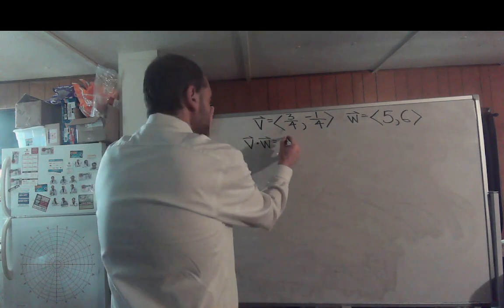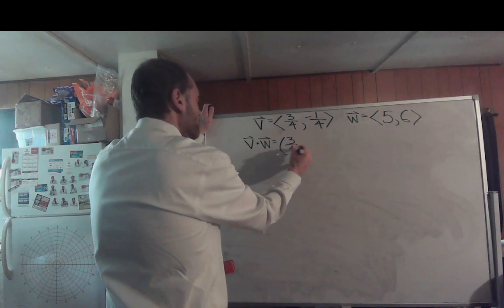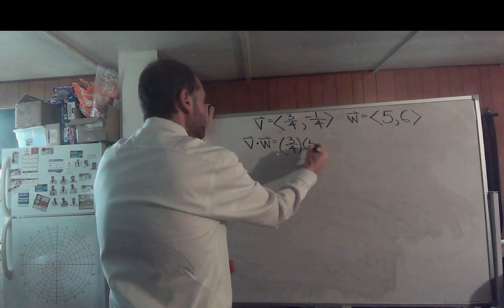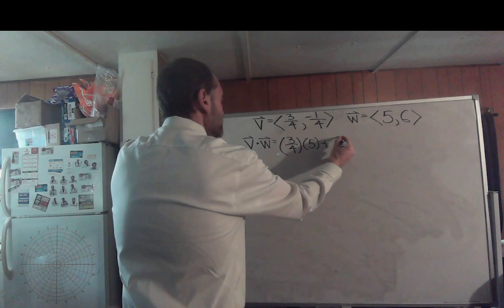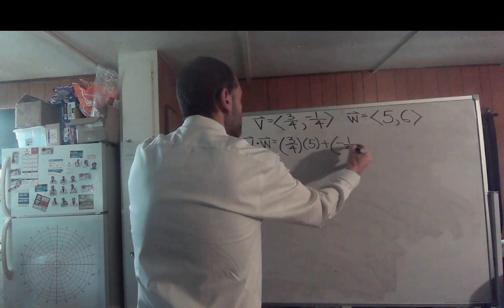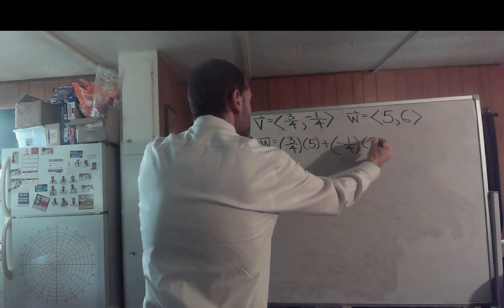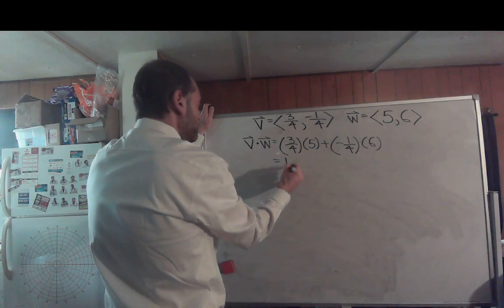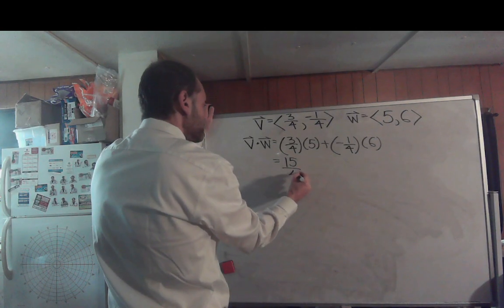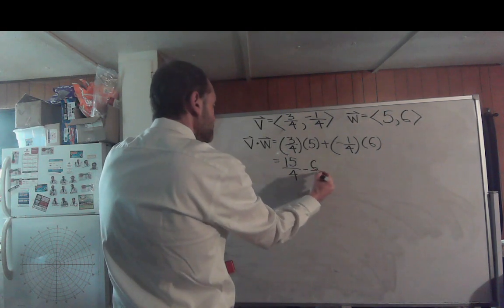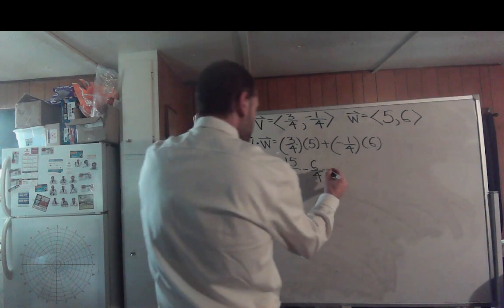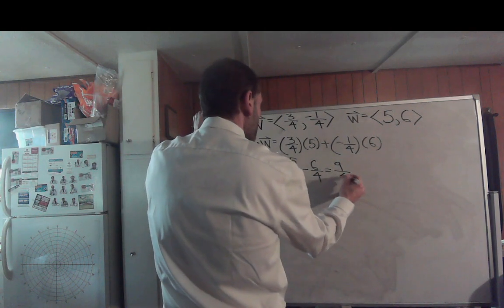Well, that's going to give you positive 3/4 times 5 plus the negative 1/4 times 6, which would end up equaling 15/4 minus 6/4, or for the final result would be 9/4.